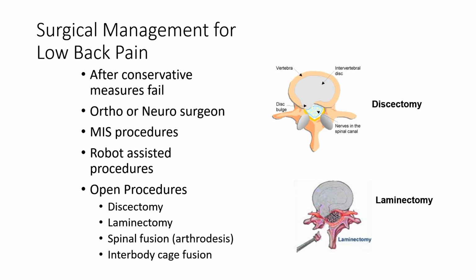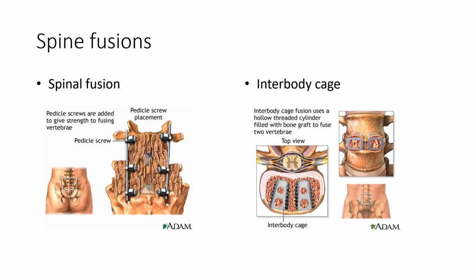A spinal fusion is a technique where one or more of the vertebrae are fused together to stop the motion between them. Sometimes they do use screws in these areas, and they may need to use bone grafts to pad up these areas.